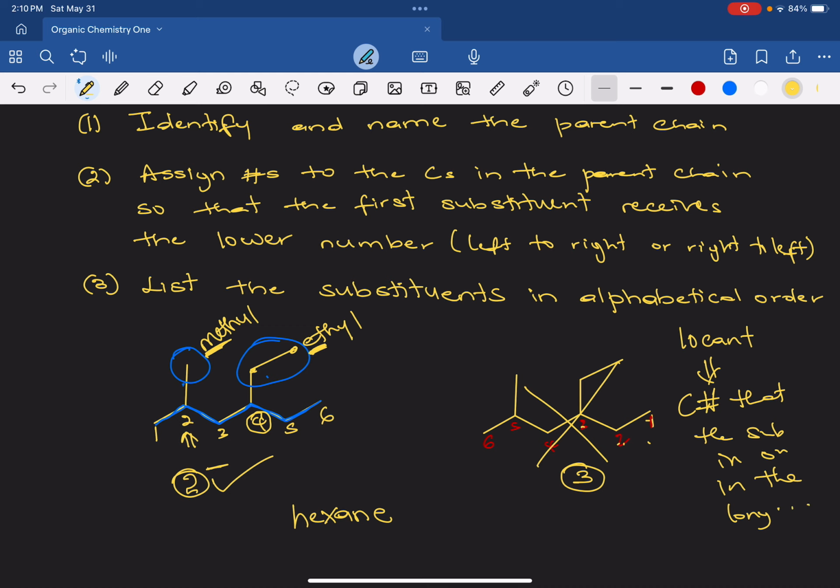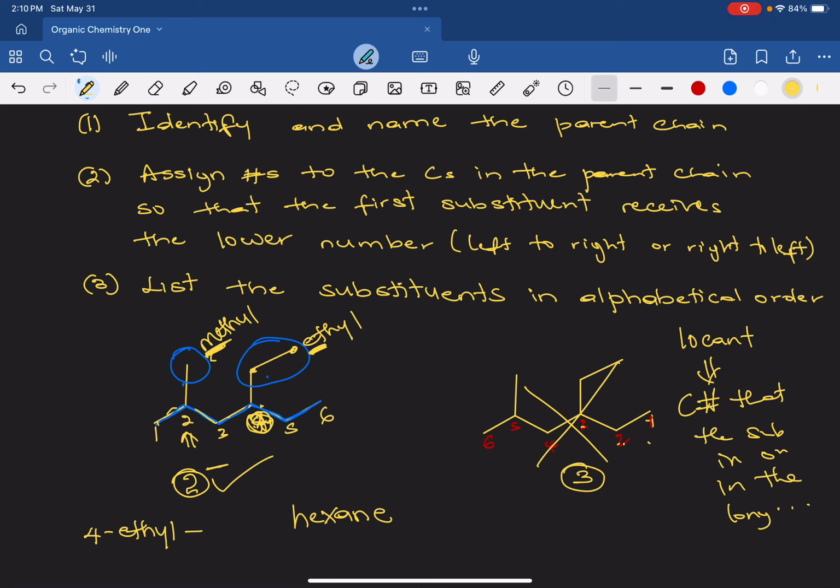So 4 here is a part of your carbon chain. It's carbon number 4, and your substituent is on 4. So you must identify the carbon of the long chain that the substituent is on, which is 4. You cannot write a substituent without a number because it has to be on a carbon in the long chain. So you write 4-ethyl because E comes before M in the alphabet.